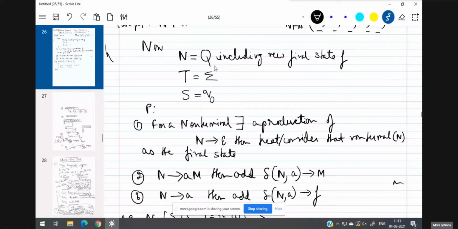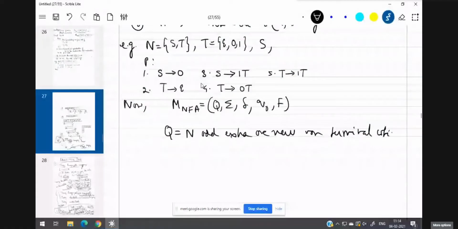Now, in order to construct this NFA, we have to know what will be the Q for this one. So Q will be nothing but the non-terminals N, and in that, add one extra new non-terminal which will represent the final state.